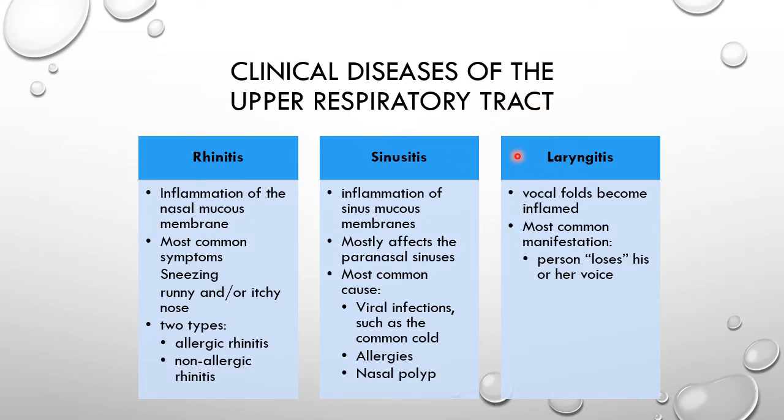Okay, so ano yung mga clinical diseases that are very common affecting our respiratory tract, no? Particularly sa upper portion. You have your rhinitis. This is the inflammation of your nasal mucous membrane. Ang most common presentation niya would be sneezing, no? Very itchy yung nose, runny nose. Okay?